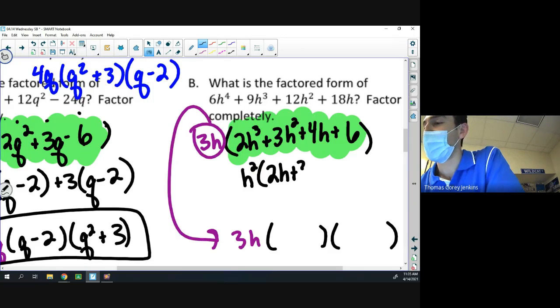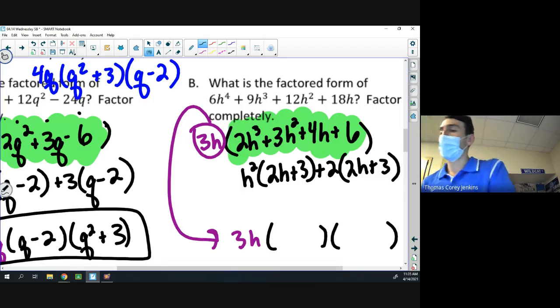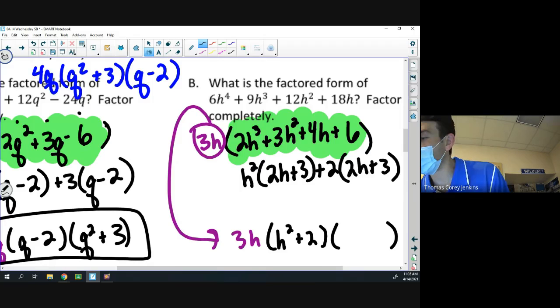Next, we want to take out a plus 2 out of the next two, and that would also leave me with 2h plus 3. So based on that, my final answer is going to be 3h times h squared plus 2 times 2h plus 3.